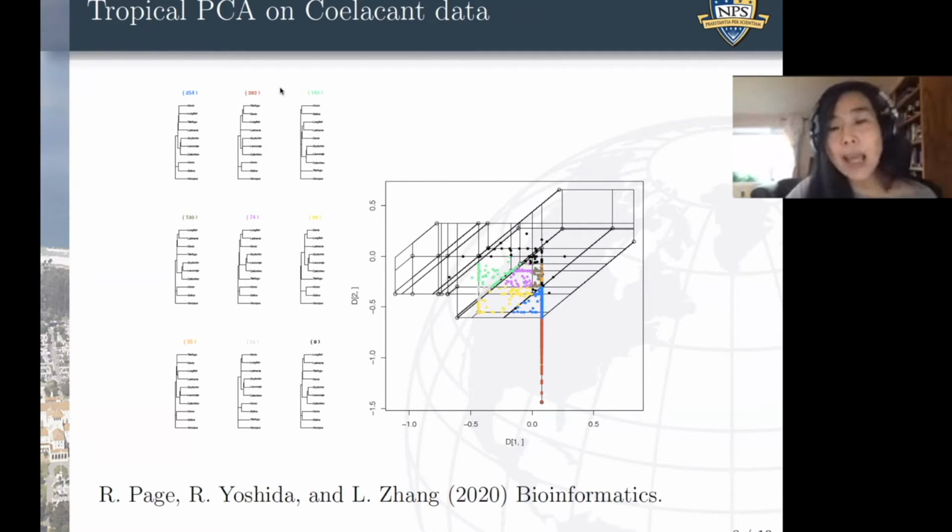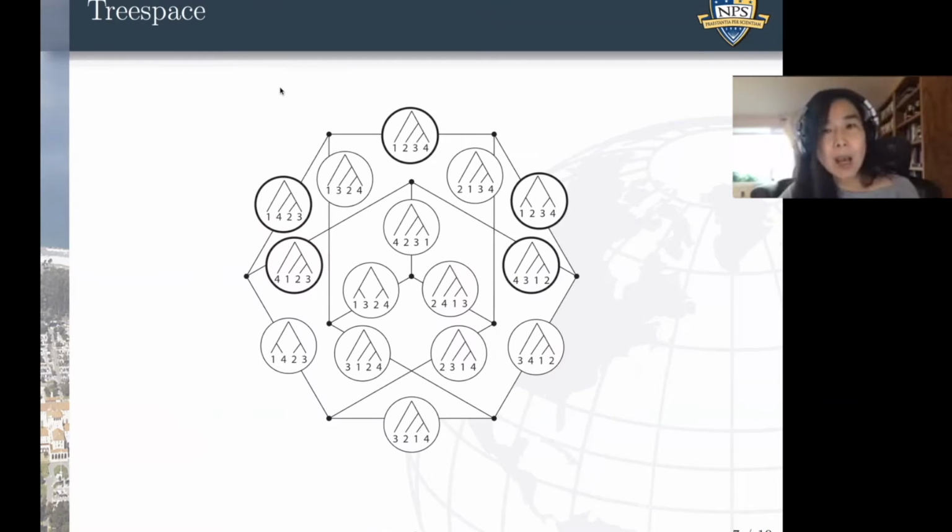The reason I could do that is that Bernd Sturmfels, Speyer, and a bunch of other people showed that the tree space, which looks like this with the origin here and cones shooting up, is actually the tropicalization of a linear space. So basically, this space is tropically convex.